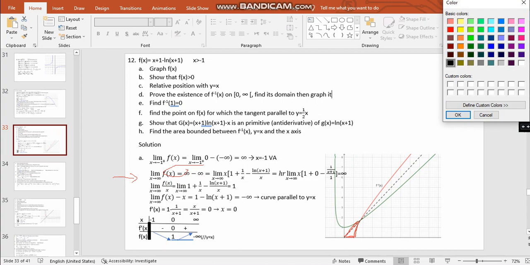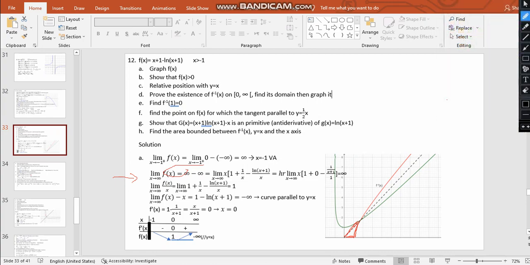The symmetry of y equal to x is y equal to x. That part of the curve will be this green part here. The x-axis will be the y-axis. So instead of finding this area of the inverse, because I don't have the equation of the inverse, I will find this one here.